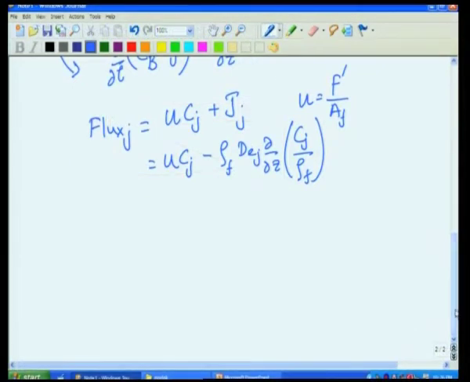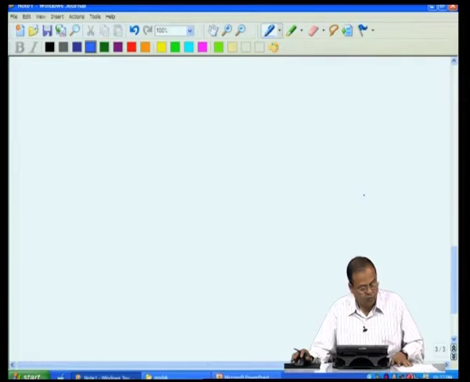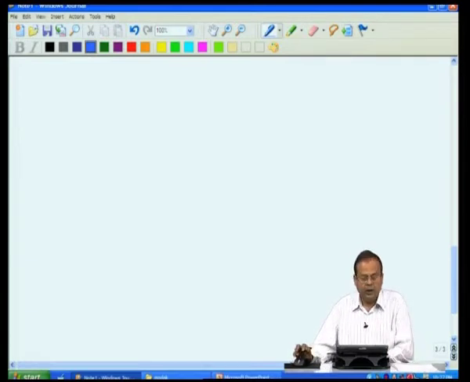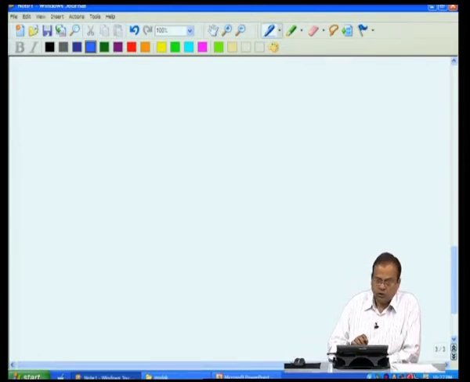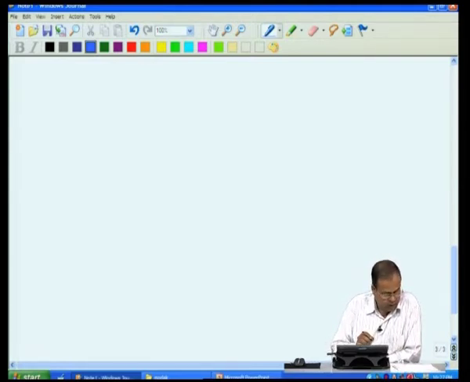So, let us look at the non isothermal behavior, and before we do that, let us rewrite our mass and energy balances, only energy balances, mass balances we already know.